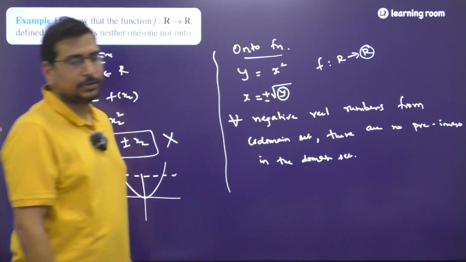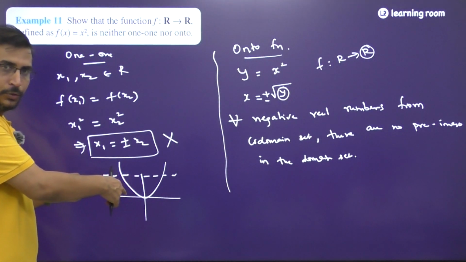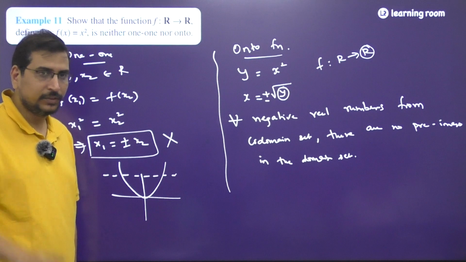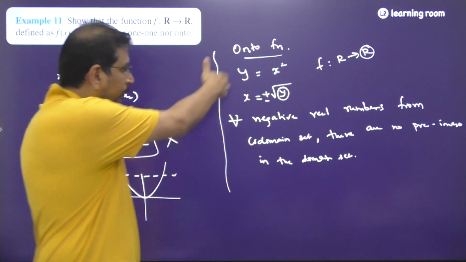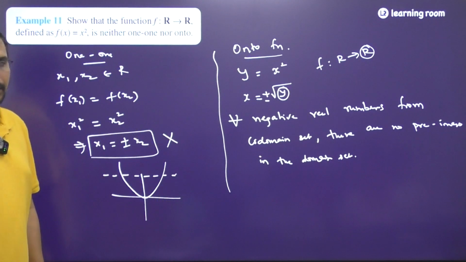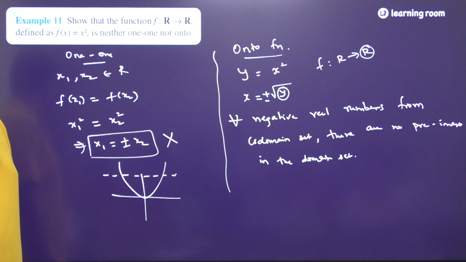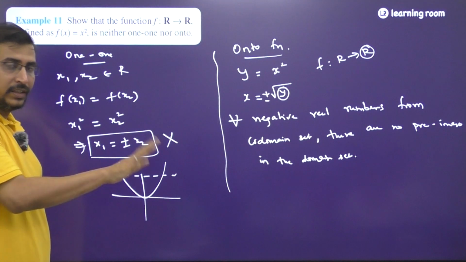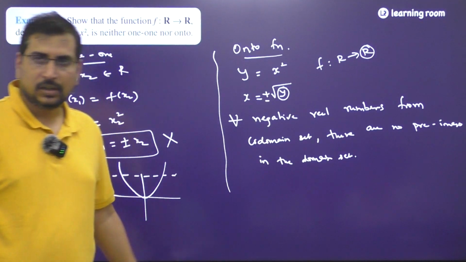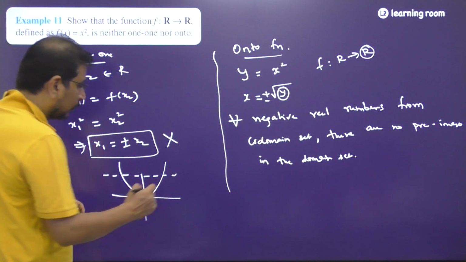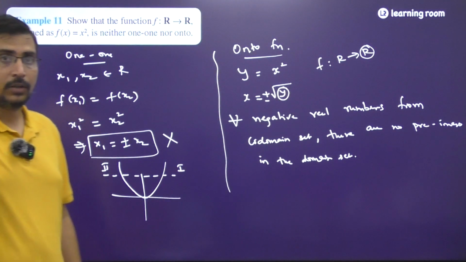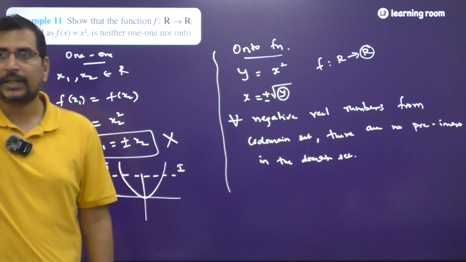What about onto function? This itself is telling you, see, where is the graph confined to? Listen to this carefully. Till now we used these steps. There is a simpler way to tell whether this is onto or not. Once you draw the graph, look at the place where the graph is confined to. To which quadrants is it confined? To the first and the second quadrant. In the first and the second quadrant, concentrate on the y-axis.